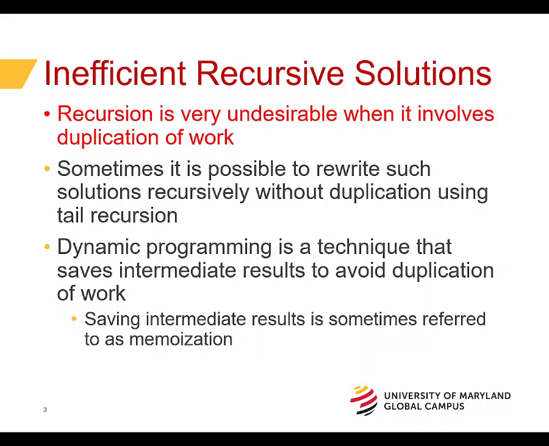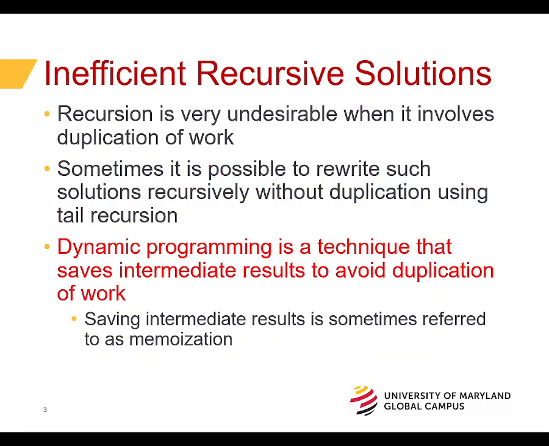Clearly, duplicating any computations is undesirable. It is sometimes possible to rewrite such solutions recursively without duplication using tail recursion. It may require the introduction of additional parameters and a helper method to start the recursion.